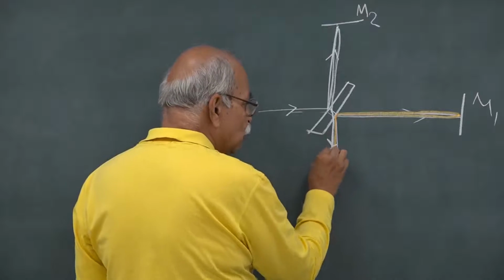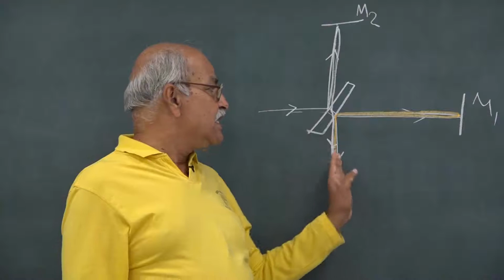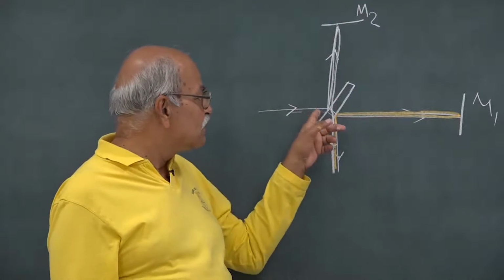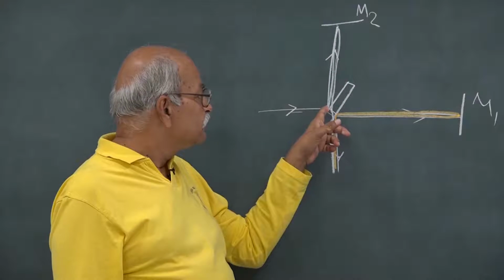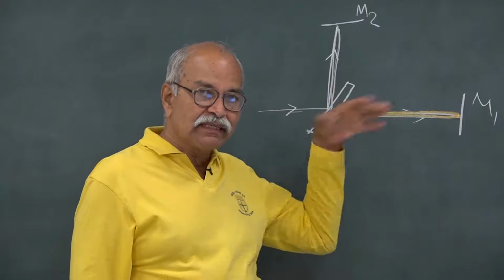So, these two beams which have come through two different paths interfere. In the actual design you also have a compensating plate, because one beam is going through this thickness and the other is not, but those things are not much important for this discussion.